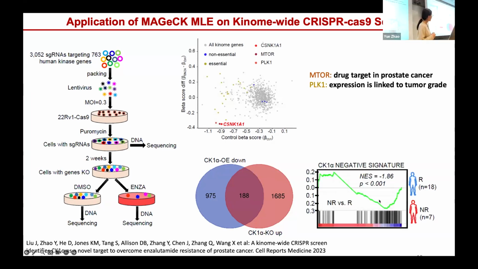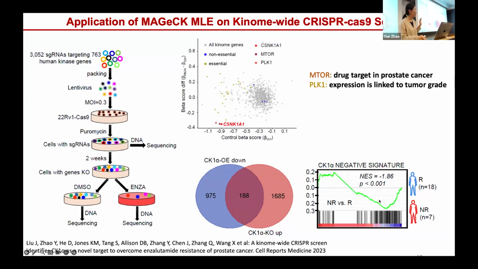And then we further validated that this CK1 alpha negative signature indeed is negatively enriched in the drug non-responders. That means this CK1 alpha level is highly expressed in the non-responders, and inhibiting this CK1 alpha protein or the CSNK1A1 gene expression will potentially resensitize or overcome this enzalutamide resistance for prostate cancer.